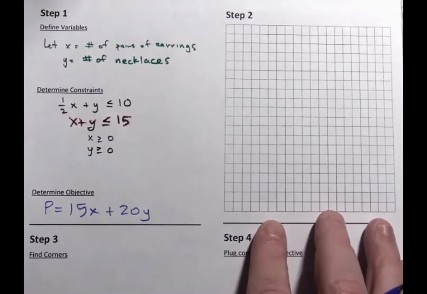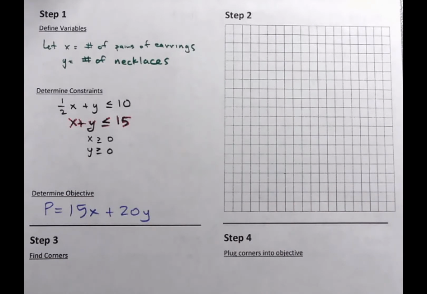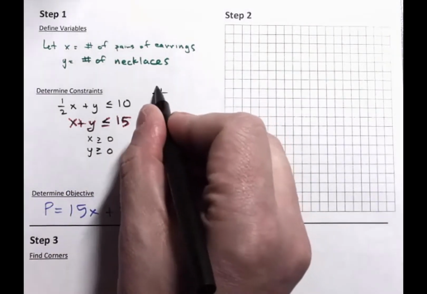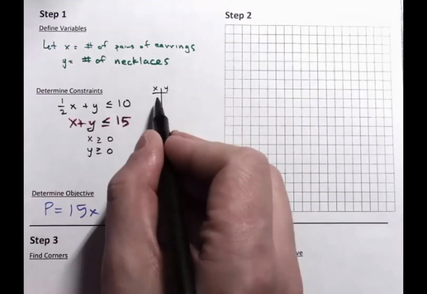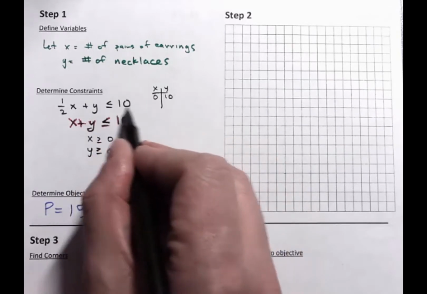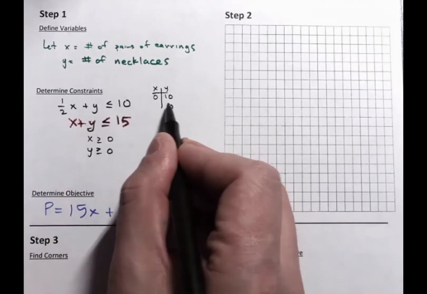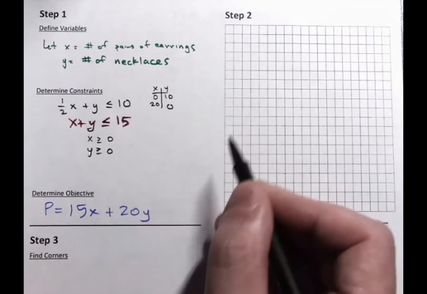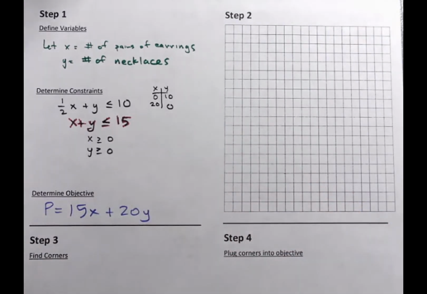So now we're going to use that top quadrant with the equations and the constraints in order to do the second step, which is to draw in the feasible region. So for the black equation, if I were to let x equal 0, y would be 10, and if I were to let y equal 0, x would have to be 20. So I get (0, 10) and (20, 0).